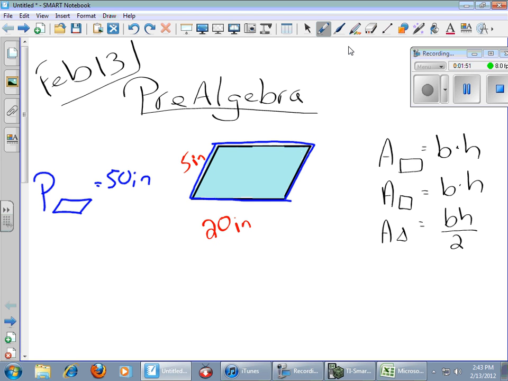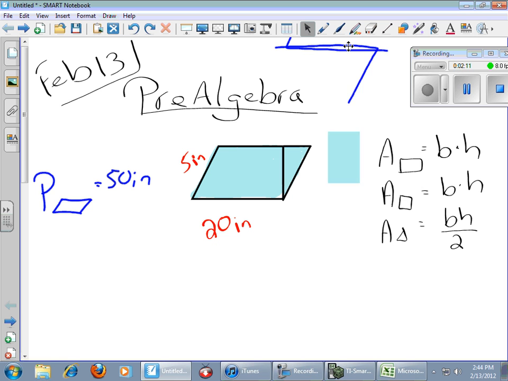But to do the area, we can't just go ahead and multiply 5 times 20. In fact, that won't work. Let me get rid of this. Get it out of my way. And an interesting thing happens if I cut my parallelogram along its height.